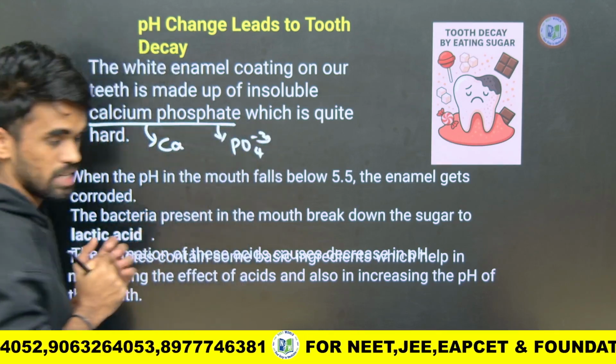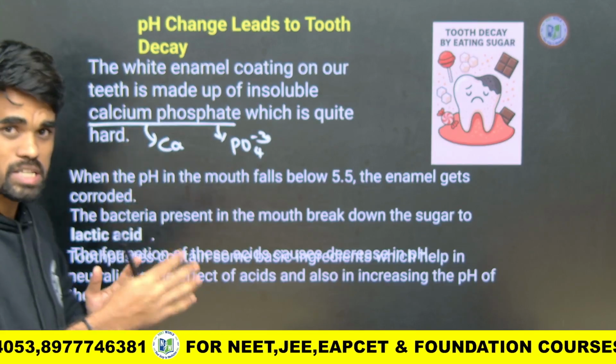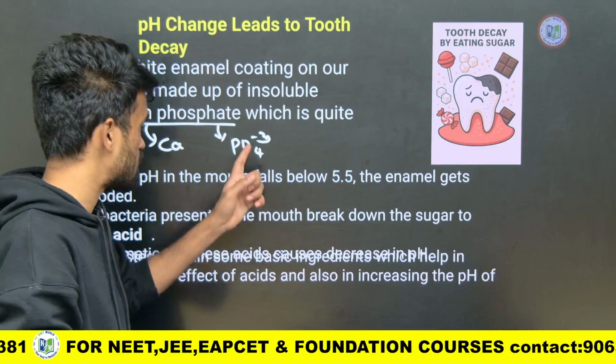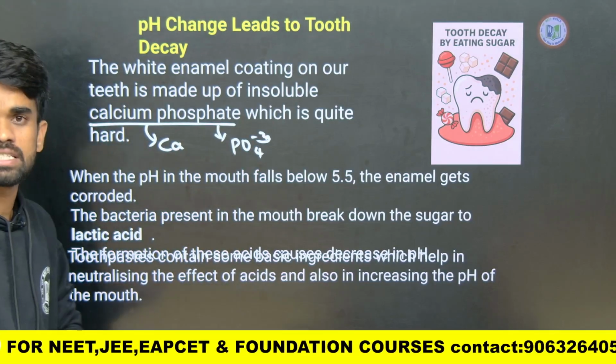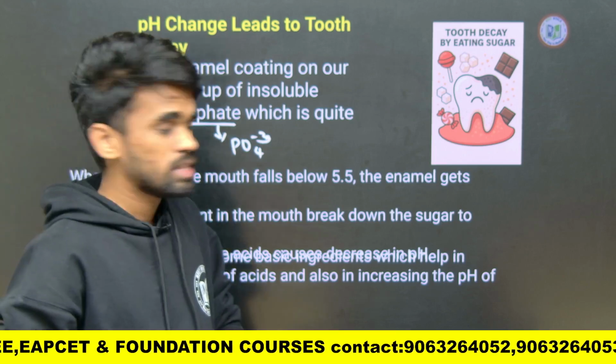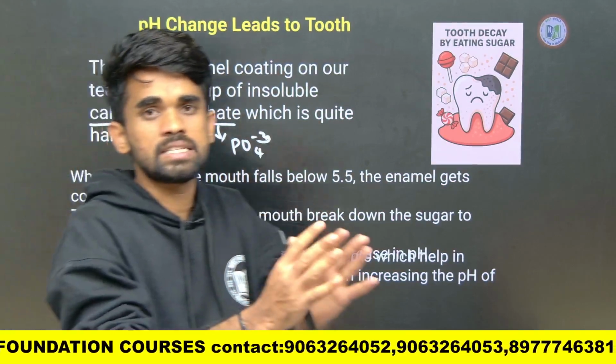It can be formed from the respective acid, for example orthophosphoric acid, and calcium hydroxide. Since calcium hydroxide is a strong base, the respective salt, calcium phosphate, is also considered a basic compound.